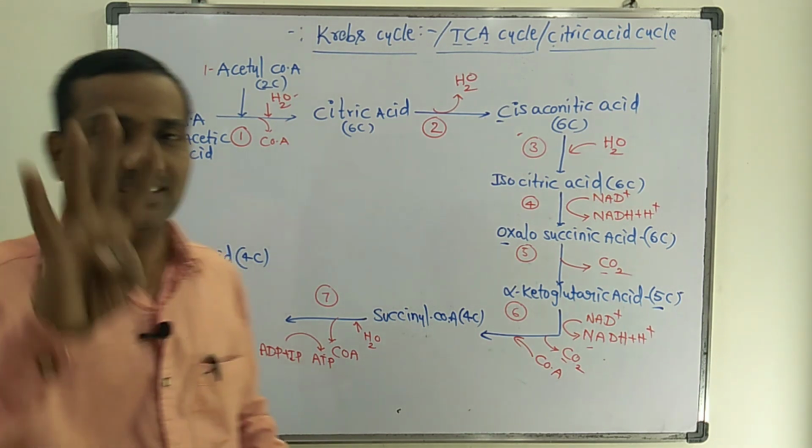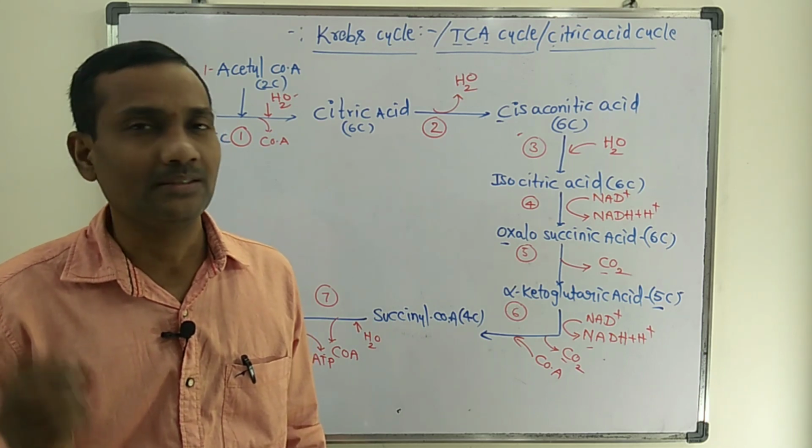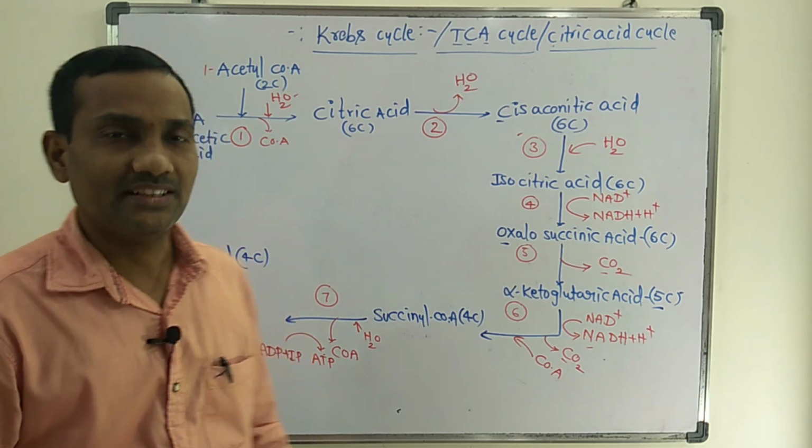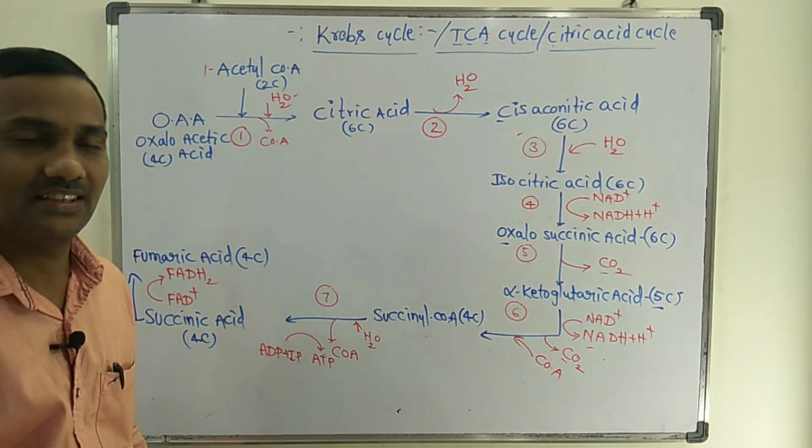A total of 4 oxidations occur in the Krebs cycle: at the 4th step oxidation, 6th step oxidation, 8th step oxidation, and the 10th step also has oxidation.